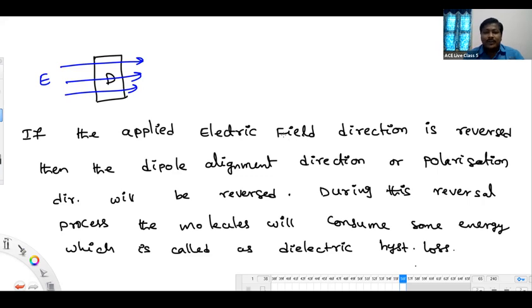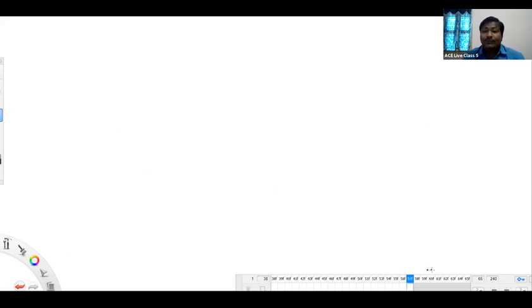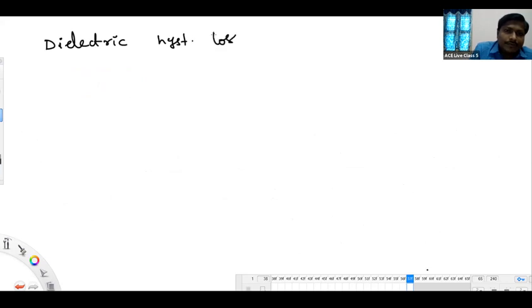So I can say dielectric hysteresis loss is proportional to frequency of operation. Number of field reversals or flux reversals, that you can say as frequency of operation.